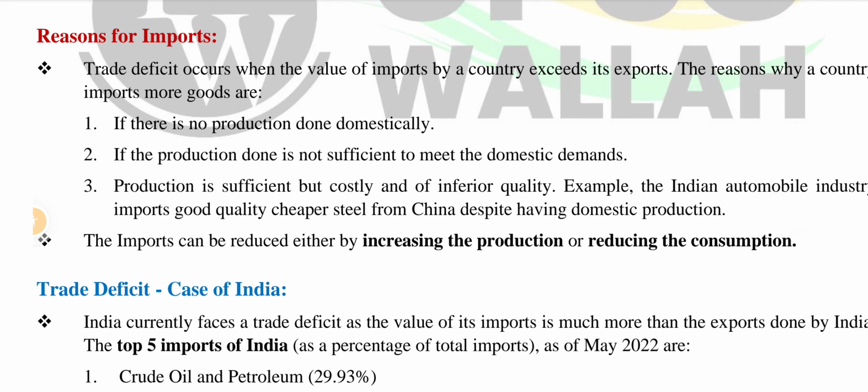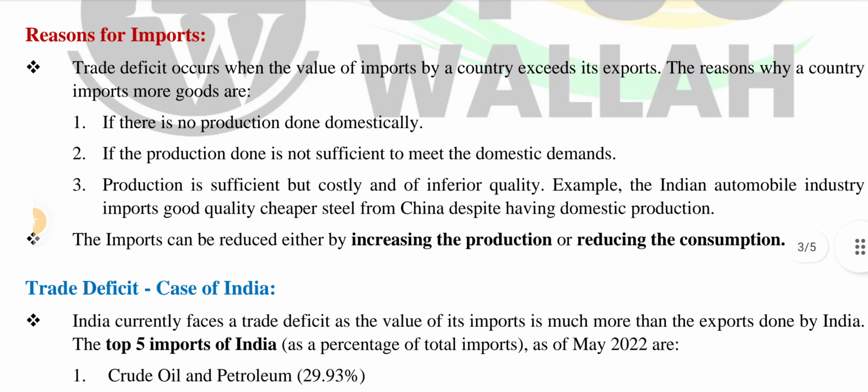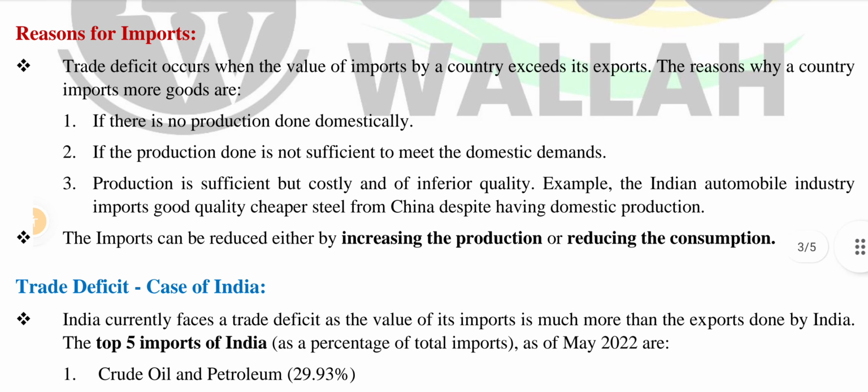Trade deficit occurs when the value of imports by a country exceeds its export value. The reasons why a country imports more goods are: first, there is no production done domestically; second, the production done is not sufficient to meet the domestic demand; and third, production is sufficient but costly and of inferior quality.